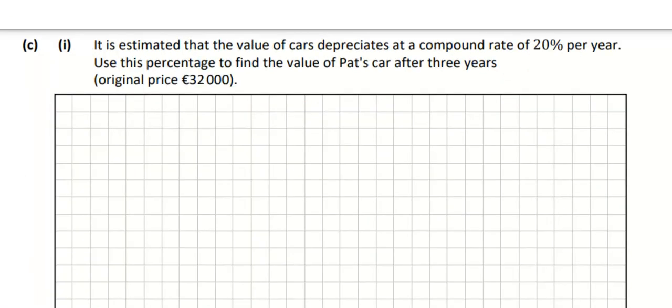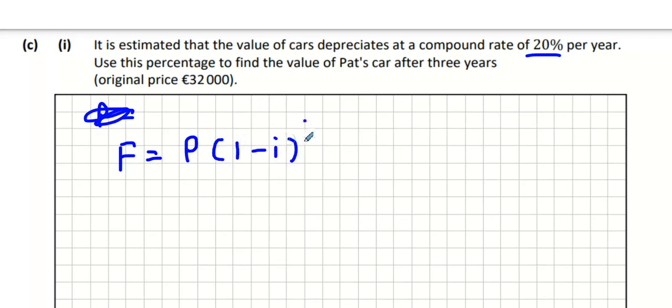Now, we're on to C part 1. It is estimated that the value of the car depreciates at a compound rate of 20% per year. Use this percentage to find the value of Pat's car after 3 years. Now, there's a compound interest formula. Your final value equals your initial value times 1 minus I to the power of t.